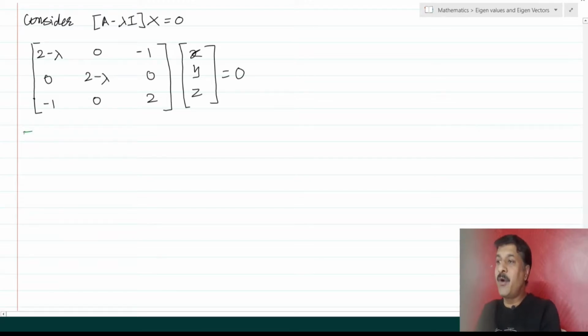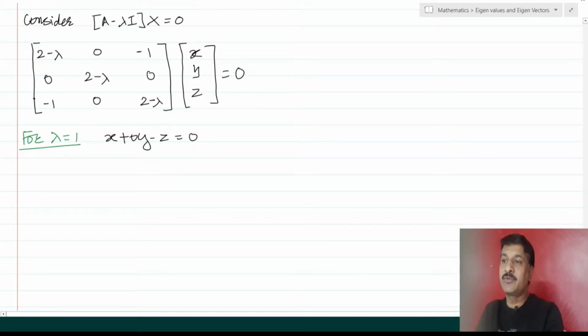Now the first value is lambda equal to 1, meaning eigenvalue lambda equal to 1. So you put lambda equal to 1 here. Actually here it should be 2 minus lambda, so here also 1. Therefore it gives the equations x plus 0y minus z equal to 0, 0x plus y plus 0z equal to 0, and minus x plus 0y plus z equal to 0.